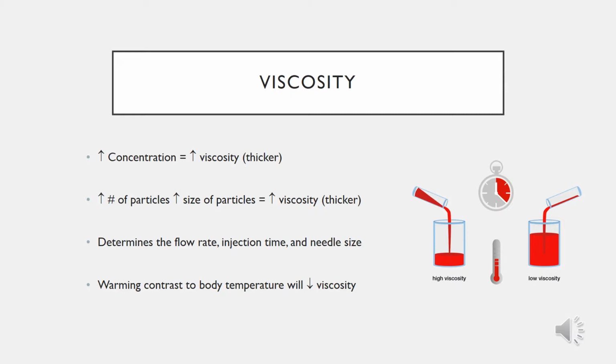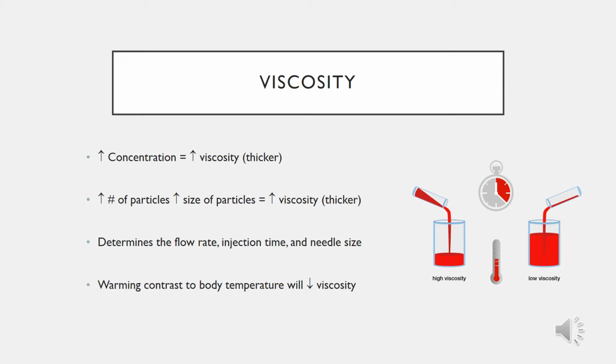So the viscosity of a contrast influences the flow rate of the contrast during an injection. It can also influence the injection time. So if we want that contrast to end up in a certain location of the body, let's say the kidneys, according to the viscosity of the contrast, that's when we know when to inject and when to take our images.